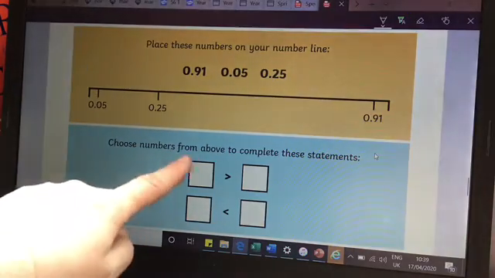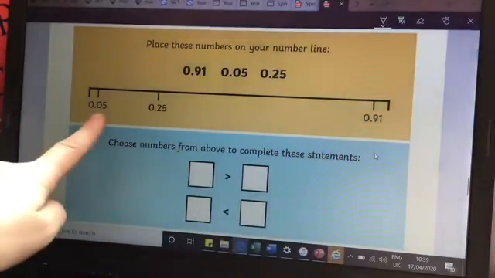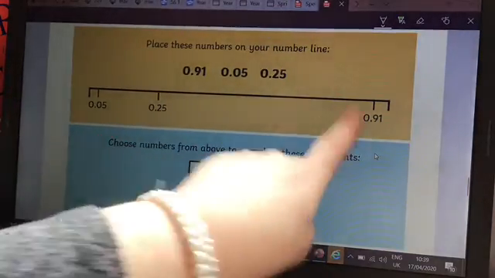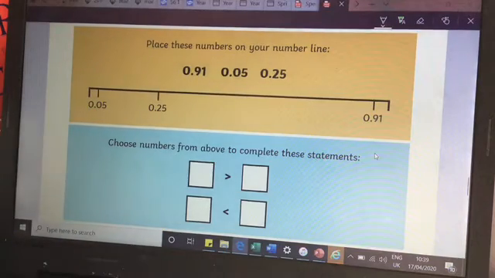So again, can you choose numbers to go in these boxes? Now, it's quite nice and easy when you look at them on the number line because you can see which is the largest number and which is the smallest. So completing these boxes should be a doddle for you. Let's see what I put in here.